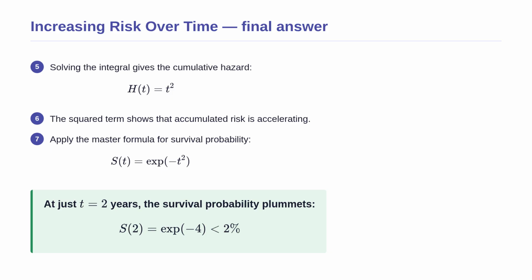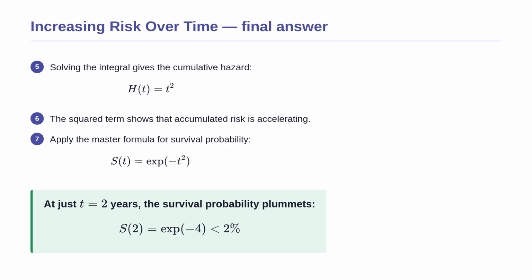Continuing with our aging machine, solving this integral gives us a cumulative hazard equal to t squared. That exponent of 2 is incredibly important because it shows the total accumulated risk is accelerating. If you double the running time, the risk quadruples. Plugging this into our exponential survival formula, we get S of t equals the exponential of negative t squared.